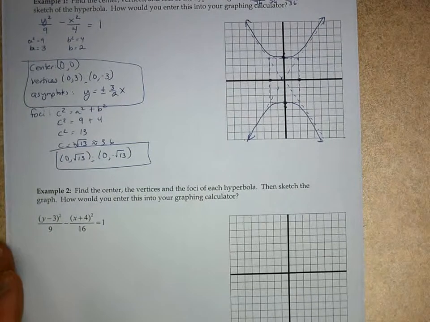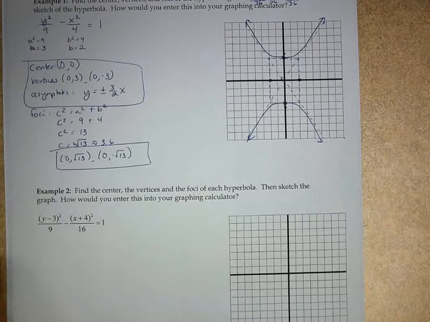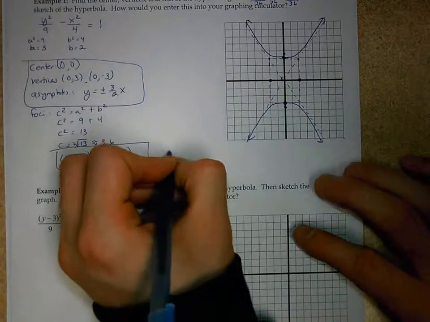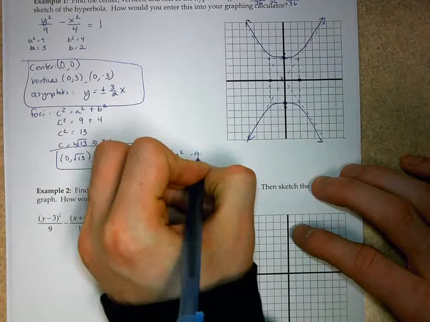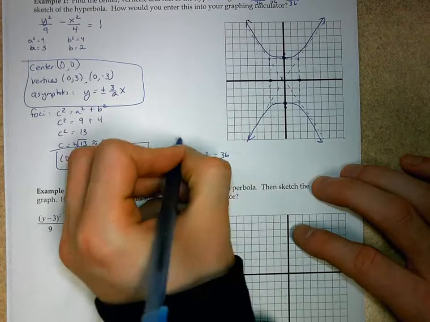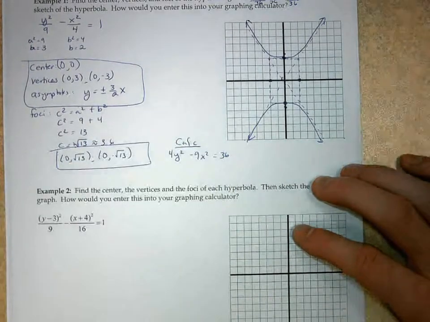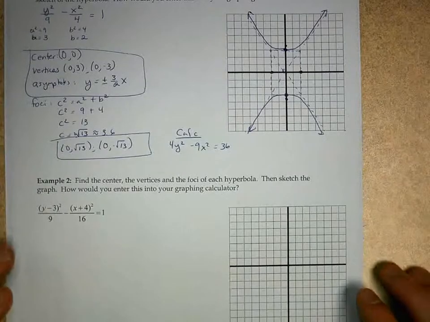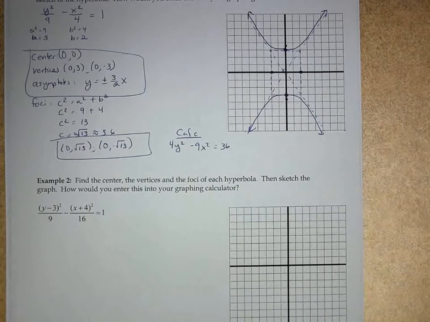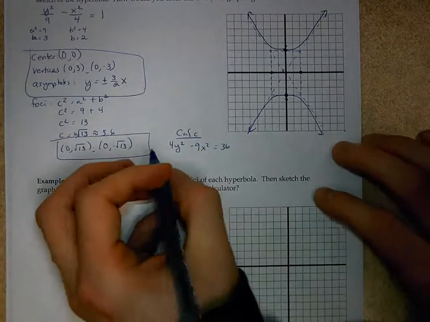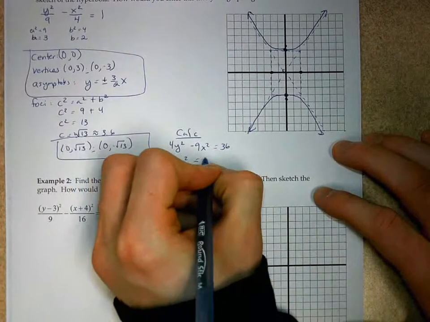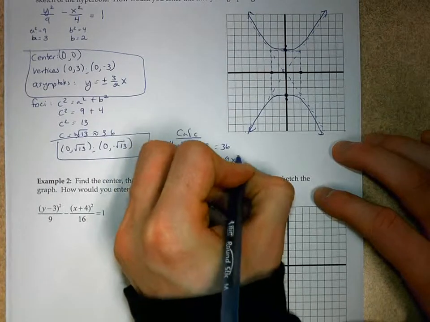The last piece that we're going to look at is how would I enter this into my graphing calculator? Well, if I have 4y squared minus 9x squared is equal to 36, we're talking about the calculator when we're in rectangular form. That means I need to get the y piece by itself. So here, 4y squared is equal to 36 plus 9x squared.